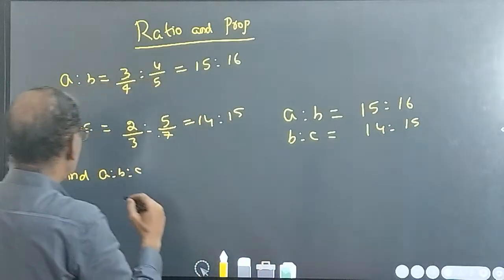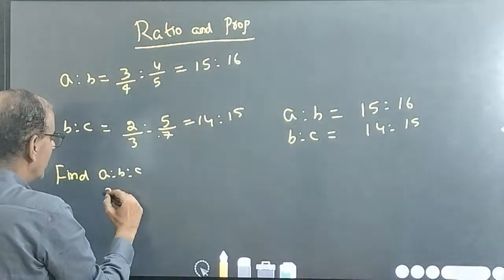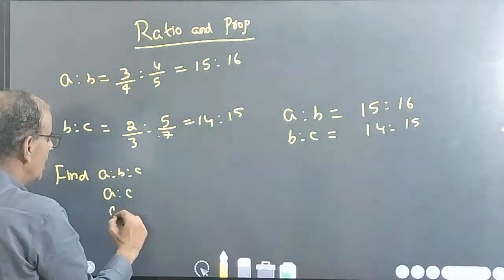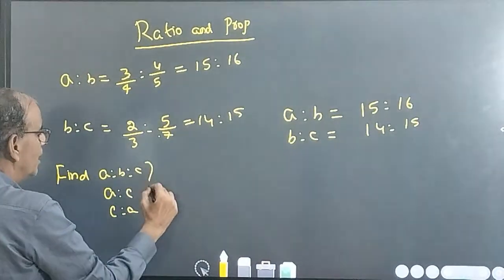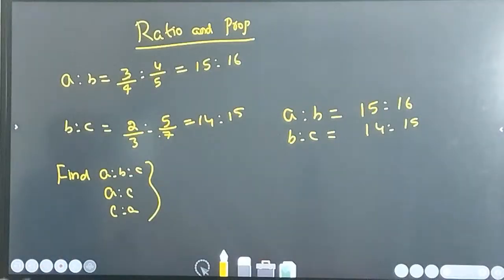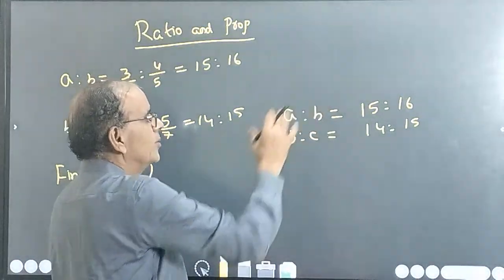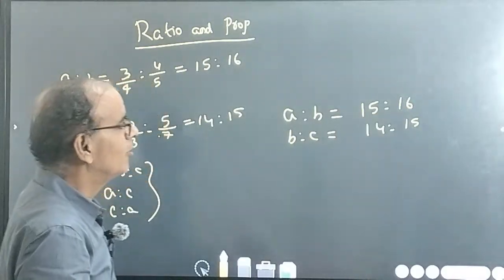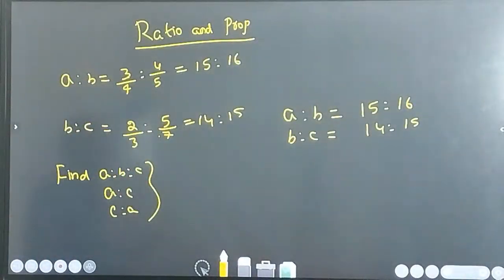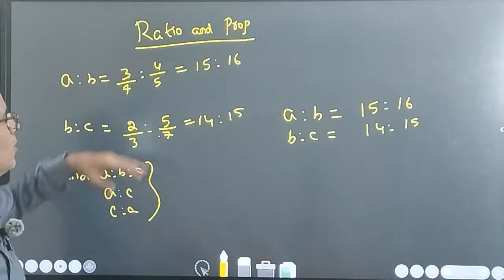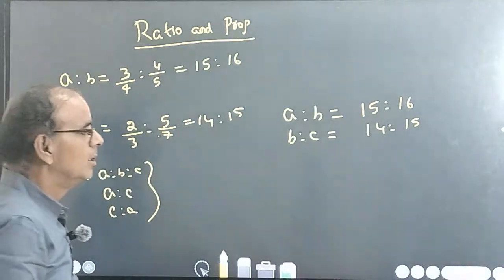Suppose they ask A is to B is to C, or A is to C, or C is to A. Whatever they ask, what is the procedure? You write like this. Suppose they give straight away 15, 16, fine, instead of fractions. Sometimes they give fractions also.